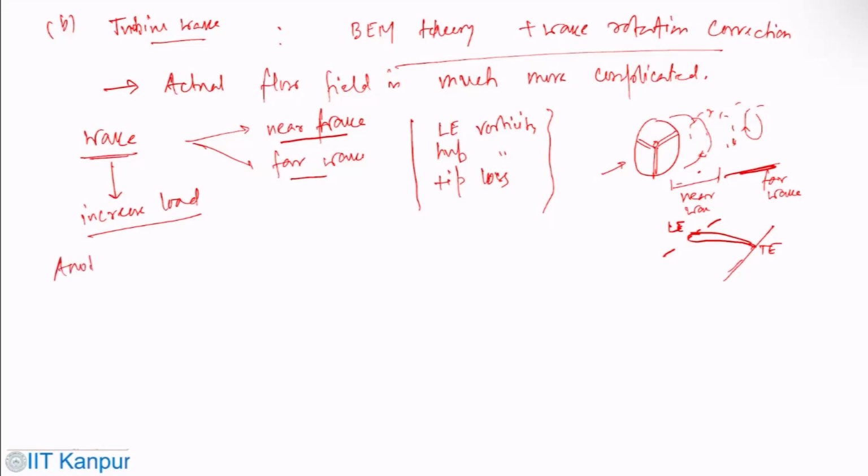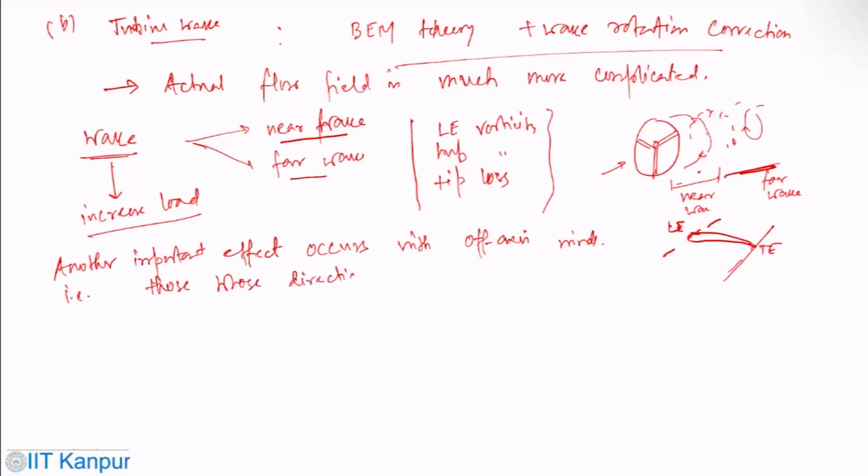Another important effect occurs with off-axis flows, that is, those whose direction is not perpendicular to the plane of the rotor.